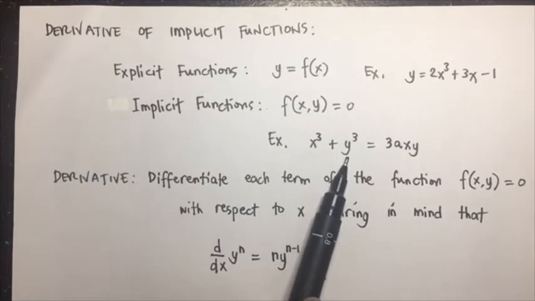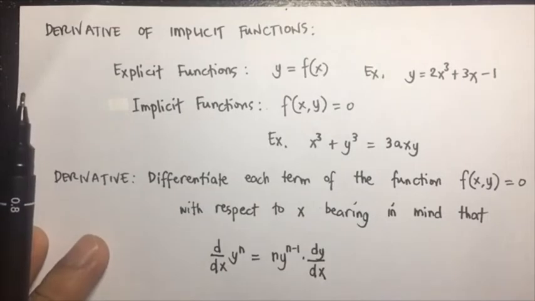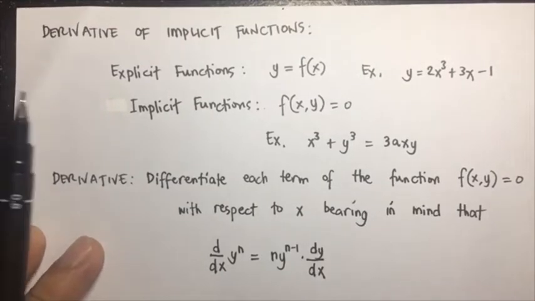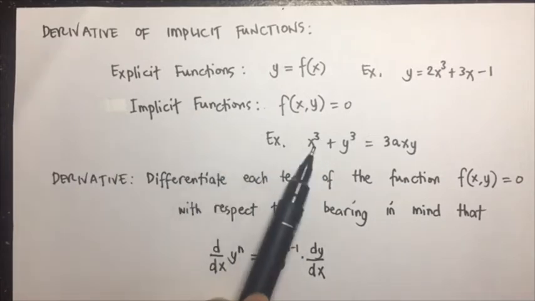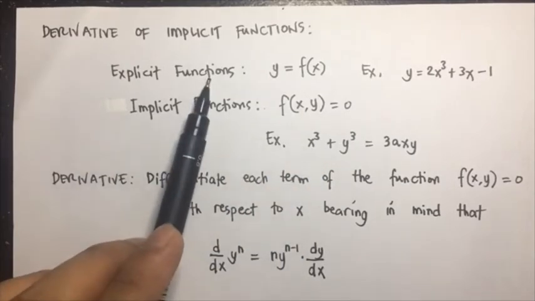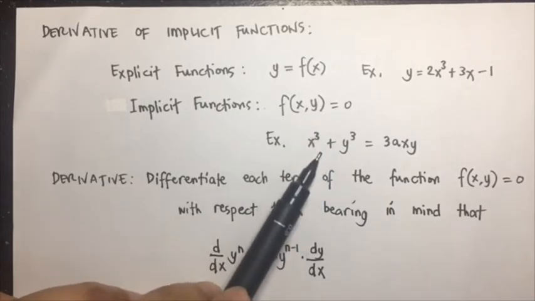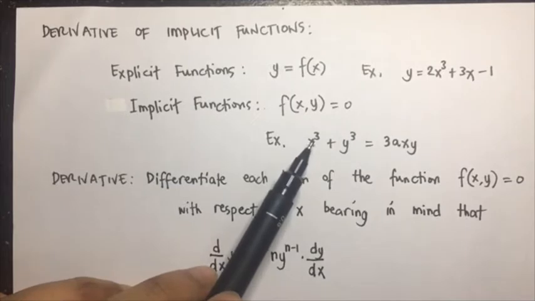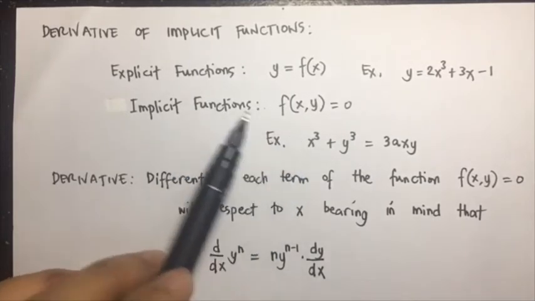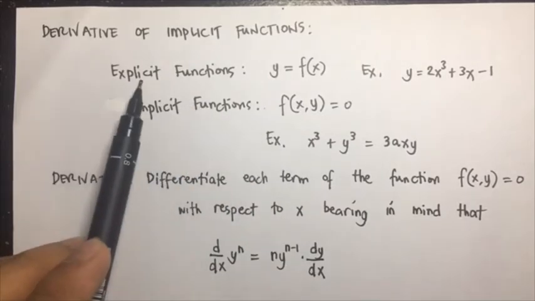But of course, we can use the laws of algebra to express y in terms of x. So we can actually convert the implicit functions into explicit functions using algebra. But by doing so it may not be easy, or it may be very difficult. Some of the functions are very difficult to convert from implicit to explicit.